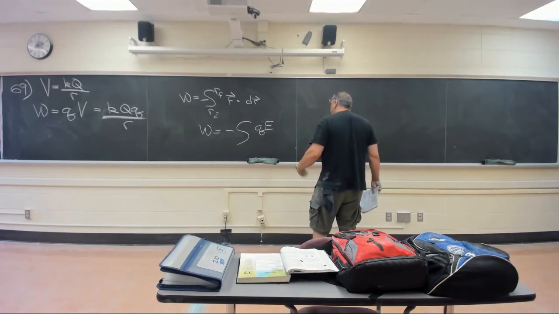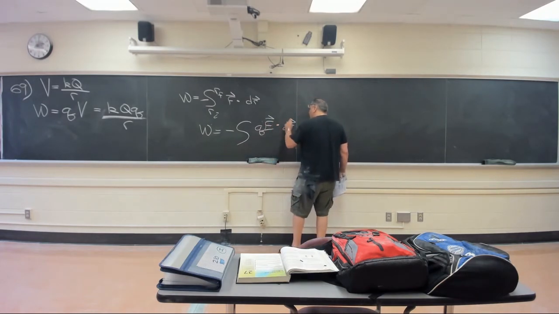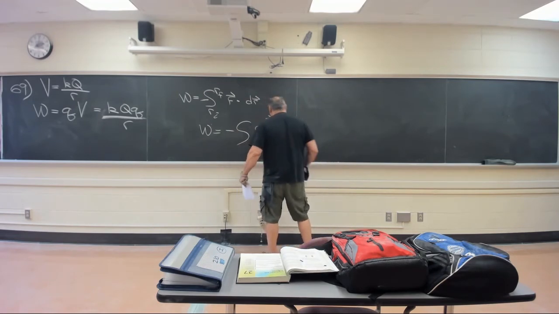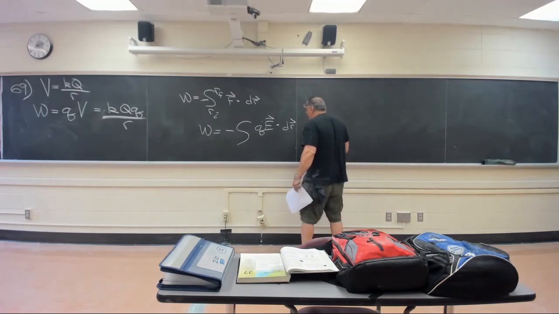There's an E field, you're fighting the E field, and you're going in a direction opposite the E field. So when you do a dot product here, you're going opposite the E field, which is 180 degrees. The dot product of two vectors at 180 degrees from one another is the magnitude of both multiplied together times -1. -1 times -1 is a positive answer.